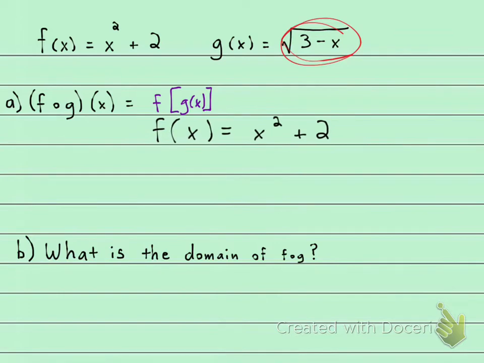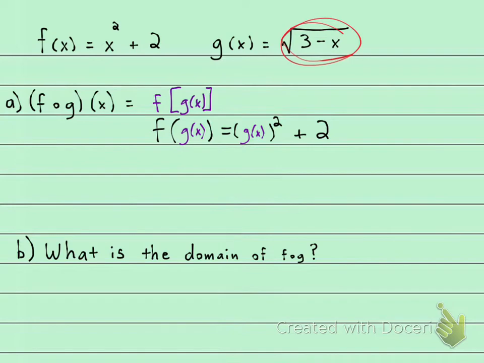And now, when I plug it in, everywhere where I see an x, which is here and here, I'm going to put in the g of x. So let's go ahead and do that. I'm going to put the g of x in here, and I'm going to put the g of x in here.